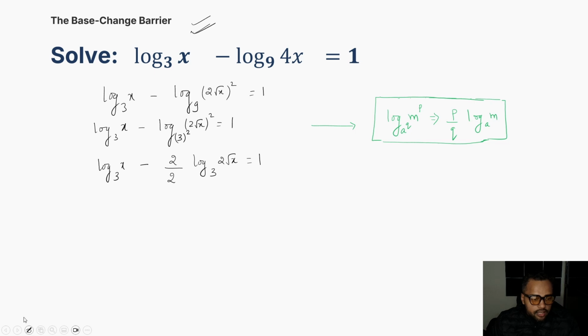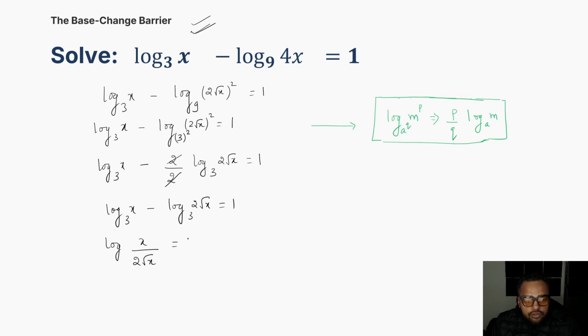So let's proceed ahead. Now we can see here that this got cancelled and we will be left with log x base 3 negative of log 2 root x base 3 equals 1. Now applying the quotient law here, we'll get log of x by 2 root x equals 1 and the base will be 3.